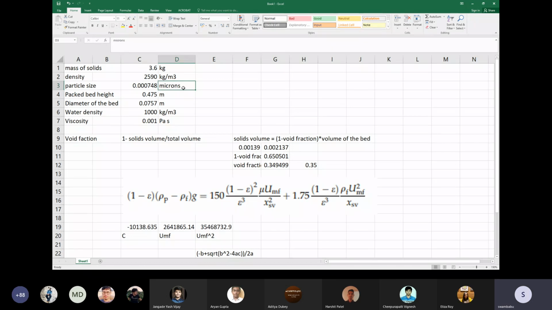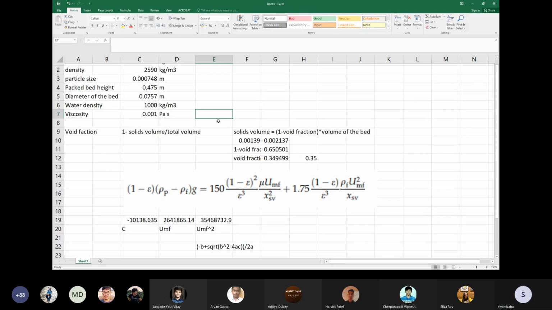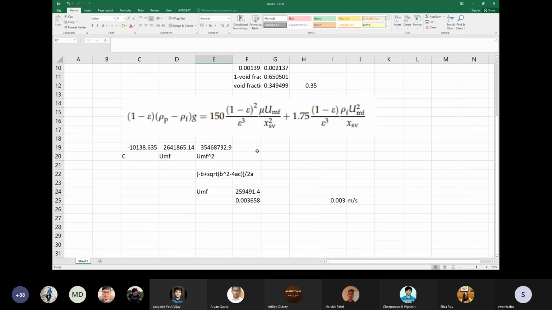So this is converted to meters anyway. 6, 3, 4, 5, 6. That's correct. Okay. I think somewhere I made a mistake, and you all please cross check. So this is the minimum fluidization velocity. There is no fundamental mistake. Must be a small mistake in the calculation.